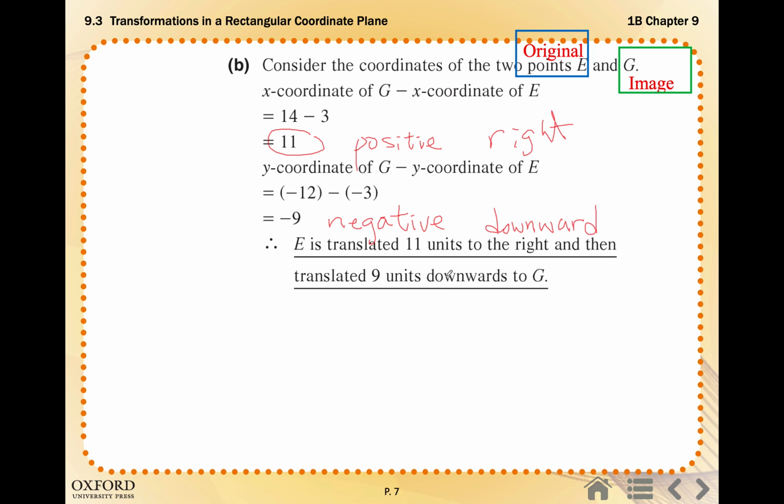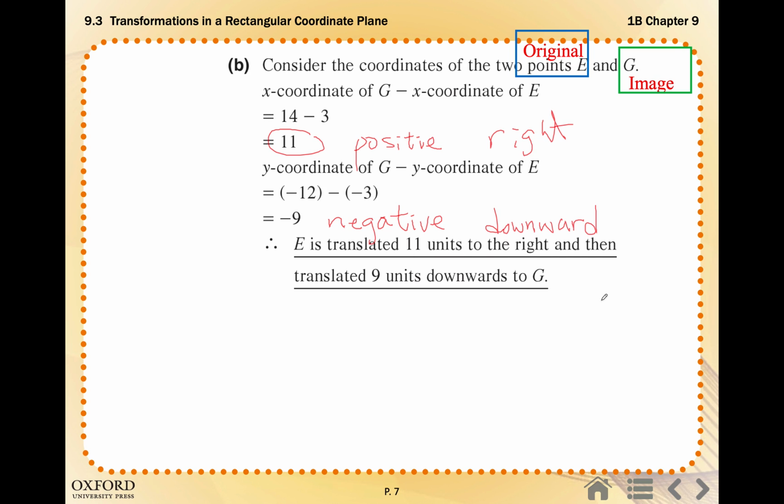Because it is negative, that means downward, and then it will reach the point G. So sometimes you may need to describe the transformation here, that is the translation. To describe the translation between the original point and the image, you have to calculate the difference of their x coordinates and the difference of their y coordinates. Then you know the movement, that means the translation. Then try to write a sentence to describe the result.